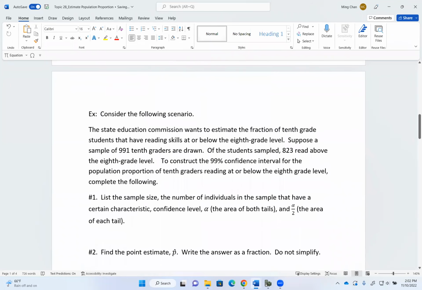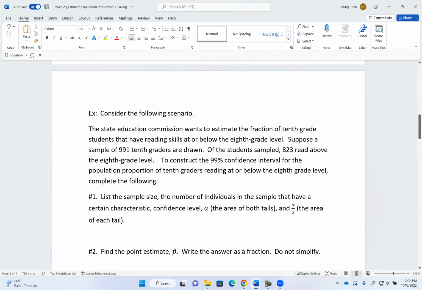So remember, population proportion is about percentage, so we're going to turn this percentage into a decimal. All right, so let's say for this example, the State Education Commission wants to estimate the fraction of 10th grade students that have reading skill at or below the 8th grade level.